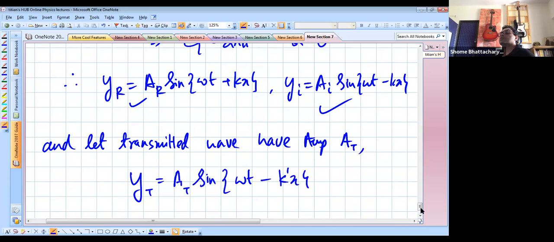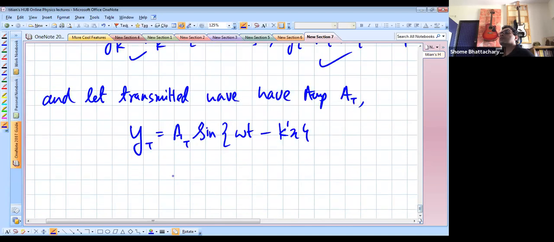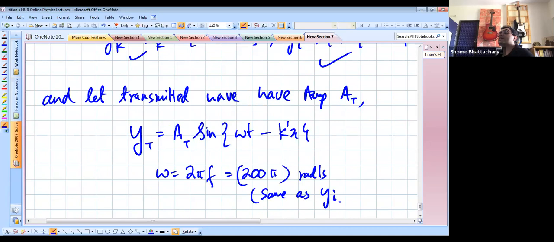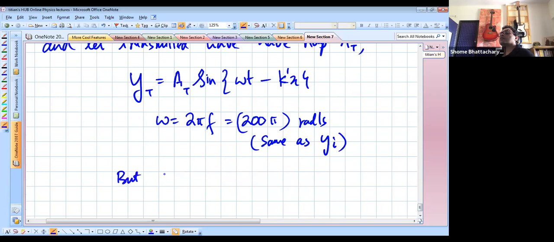So this will have the same omega as the incident wave, because the incident wave is acting like the source. But k prime equal to 2 pi by lambda prime, where that same frequency into lambda prime is the different speed, because it is square root of T by mu.